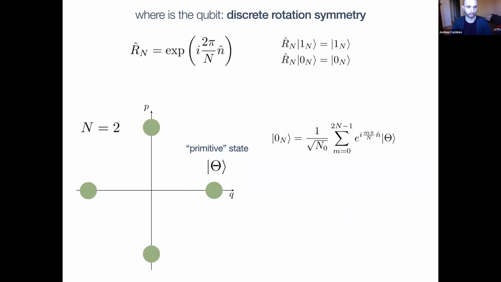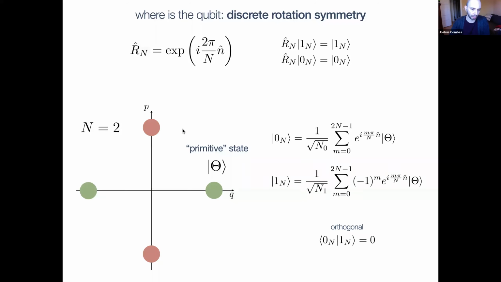You can see that even though this has an n equals 2 symmetry, the 0 code word looks like it has an n equals 4 symmetry. The 1 state is very similar, except every other one of these superposed states has a minus sign in front of it. And this guarantees that 0 and 1 are orthogonal.